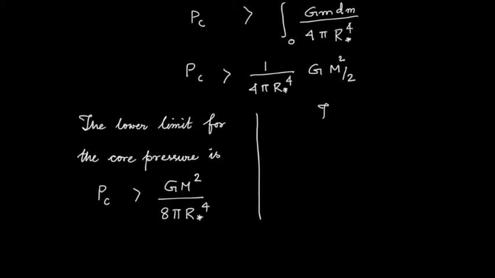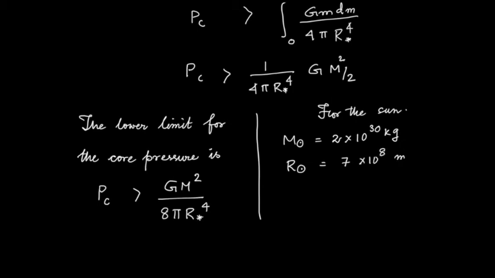Now let's calculate for the Sun. I have to tell you the mass of the Sun; radius I have already told you once. The mass is 2 into 10 to the 30 kg. Radius of Sun is 7 into 10 to the 8 meter.